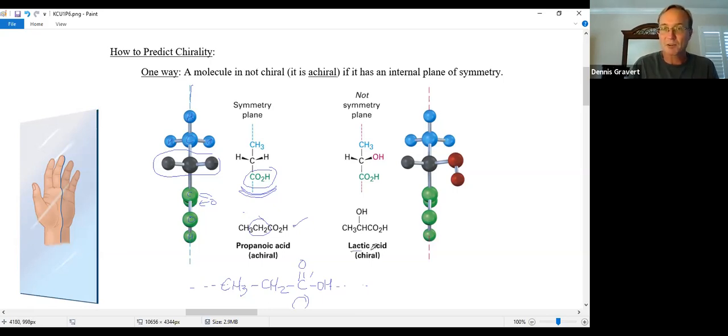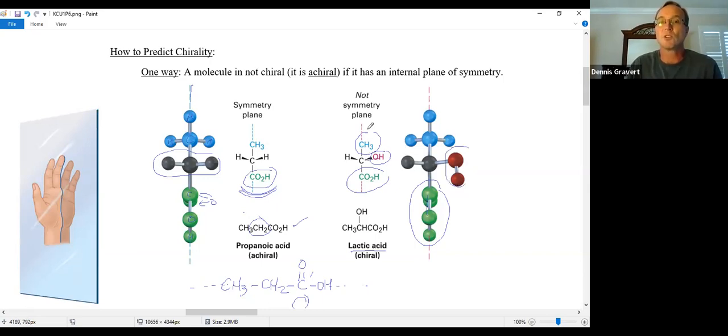Lactic acid, however, we saw earlier, is a chiral molecule. And so if you line up the carboxylic acid group, you can cut it in half. This methyl group, we can cut it in half. But in lactic acid, there's an alkyl group. And in this alignment, in this shape, the alkyl group is going to only show up on the right side, not the left.